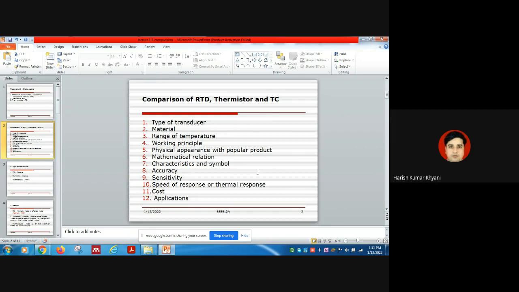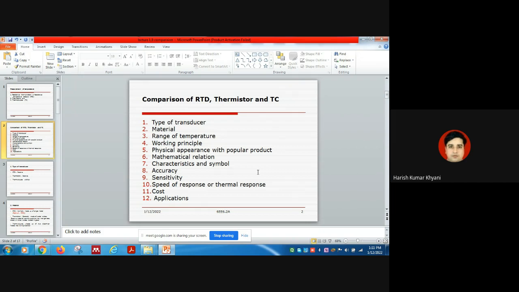Then we will see the working principle. Although the RTD and thermistor are based on the same principle, the concept behind the working of the thermocouple is different. Then we will see the physical appearance, how physically these devices are available in the market with some popular products.